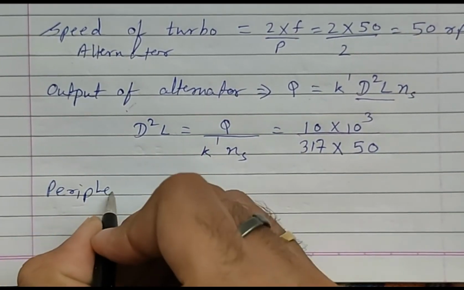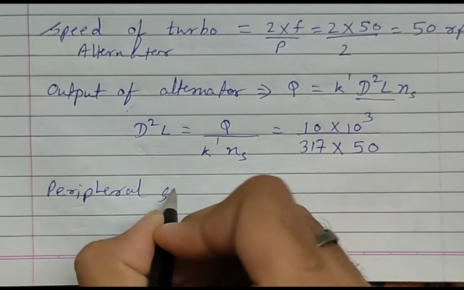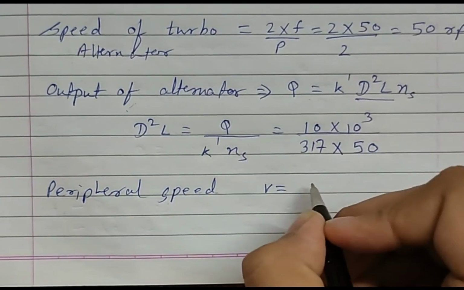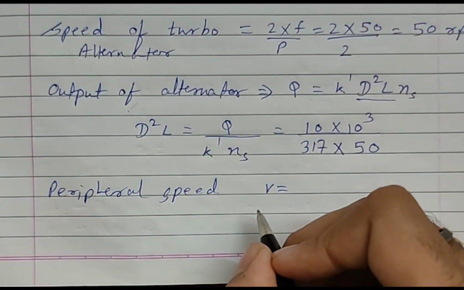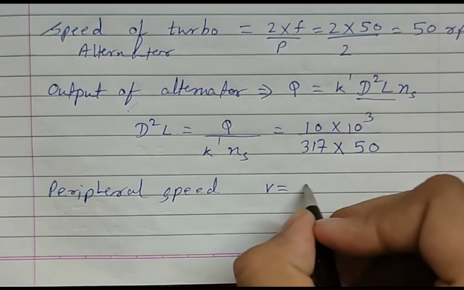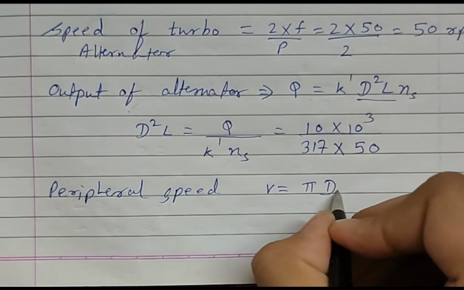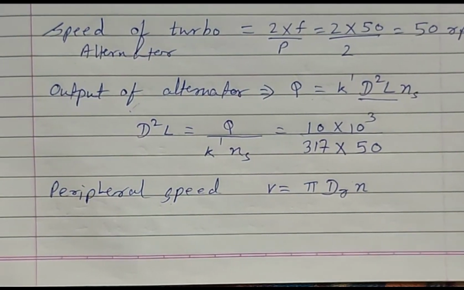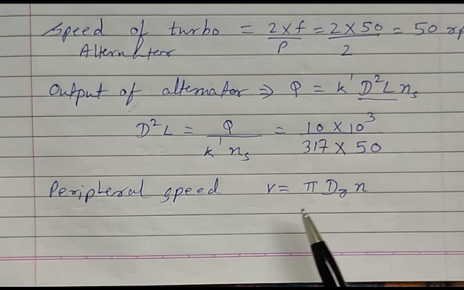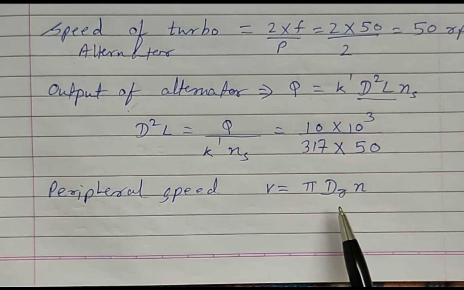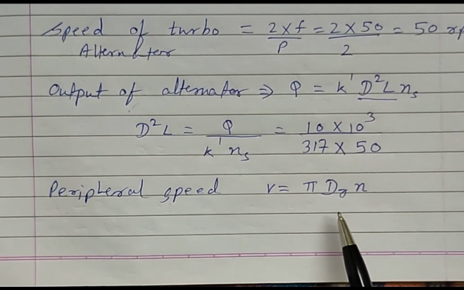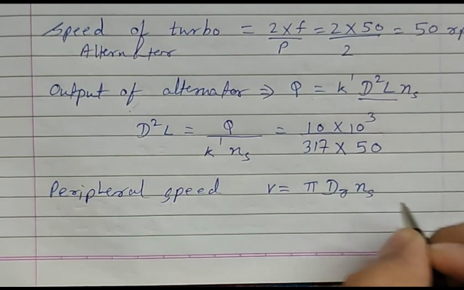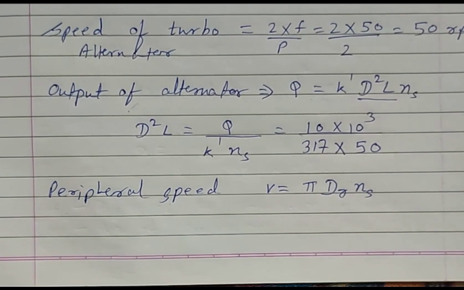The next data provided in the question is the peripheral speed. The peripheral speed, which is given by v, can be taken as pi into Dr into n, where Dr is the diameter of the rotor and n, or let's say Ns, is the speed of the rotor.